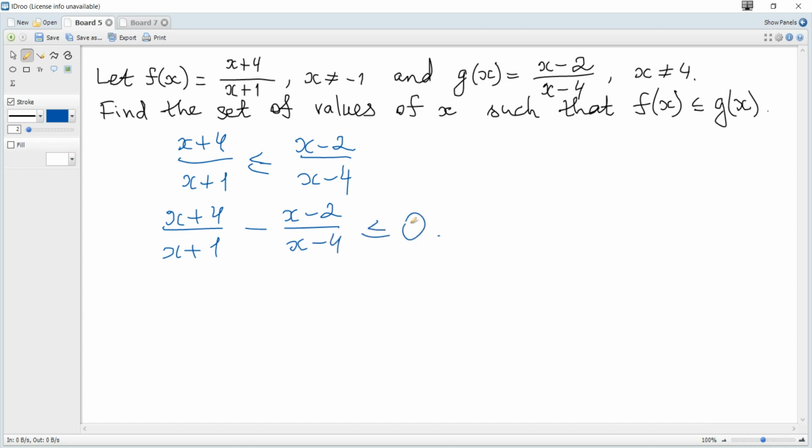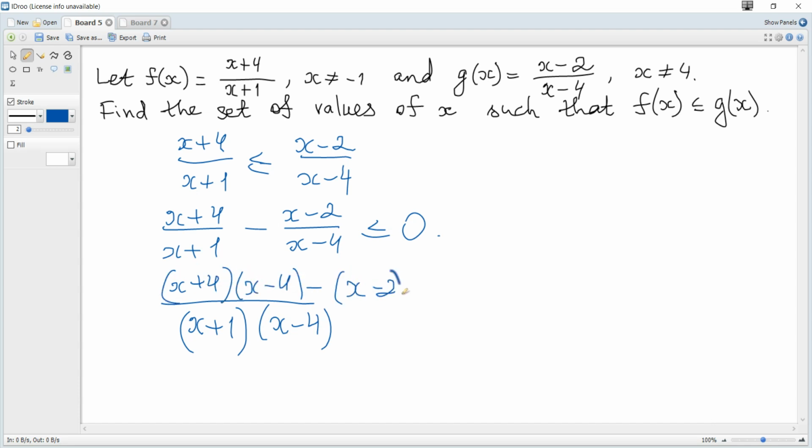Then we need a single fraction, so we make a common denominator, and it becomes (x + 4)(x - 4) - (x - 2)(x + 1), over (x + 1)(x - 4), less or equal than 0.